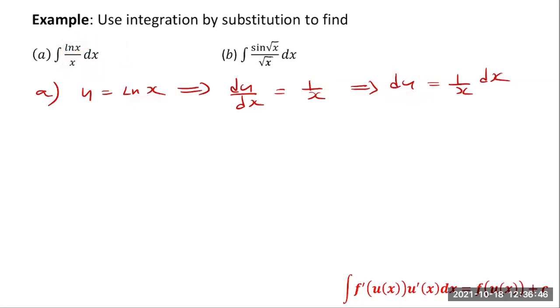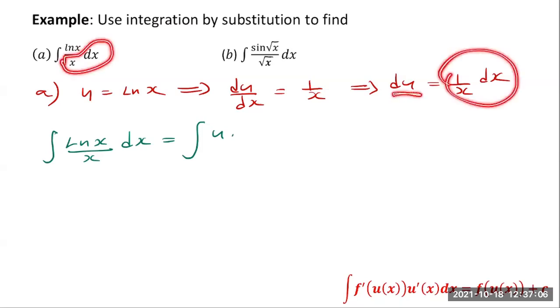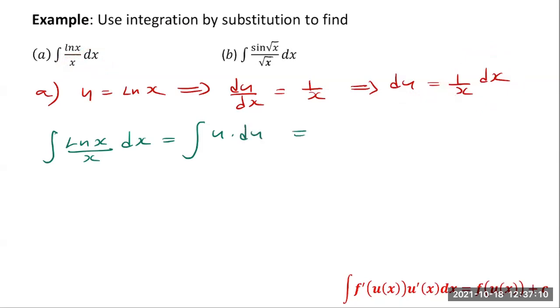Let's do the u substitution process now. You have ln x. Always write the original integration first and then write the u substitution. This is equal to the integral of u, since ln x is u, times, remember, 1 over x times dx is du. This is equal to u squared over 2 plus a constant.